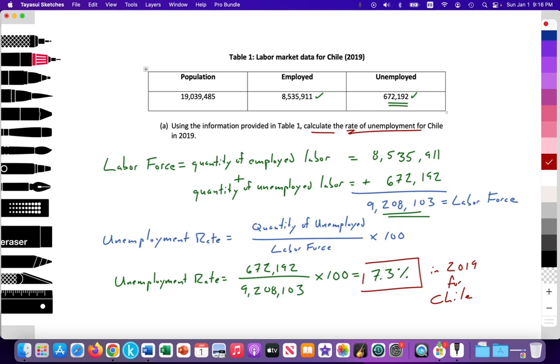Okay. A common mistake that students make, an error, right? A common mistake that you should not do is this. Students take the unemployed value, 672,192, and then they divide it by the total population.